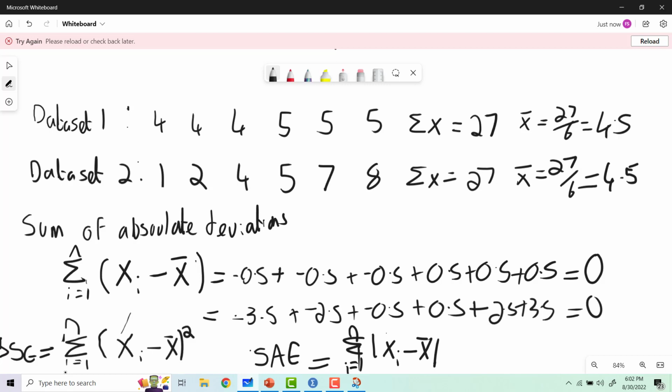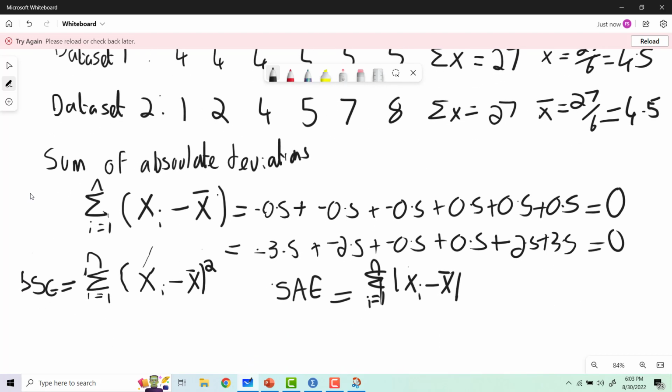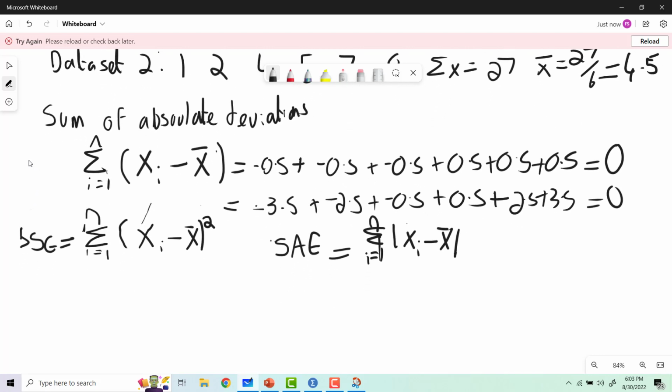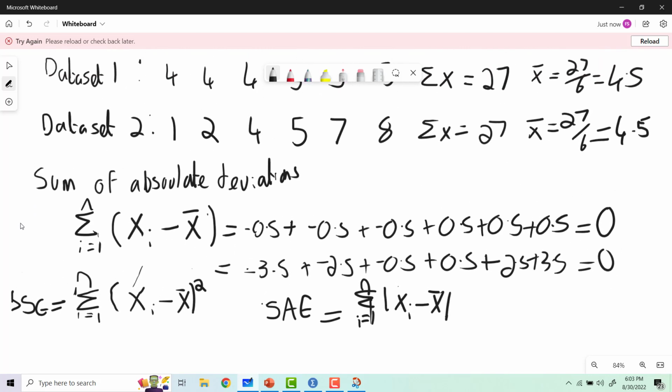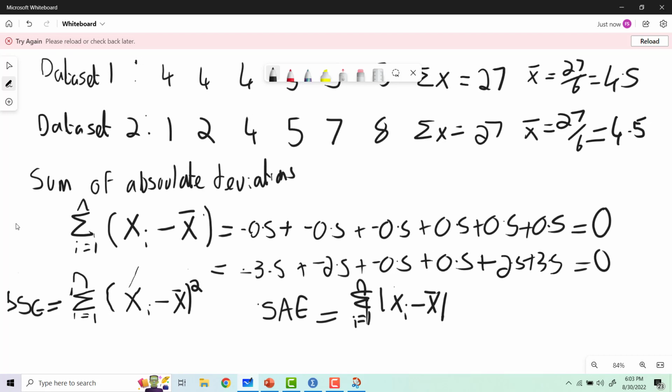Now, we're going to actually do the first of these because statistics is based a lot upon the squared errors and the variance that comes from the squared errors. But in terms of finding this measure of dispersion, the absolute value would also be a useful measure as well. And in fact, in my data mining class, we actually have measures of absolute error as well as the sum of the squared error.